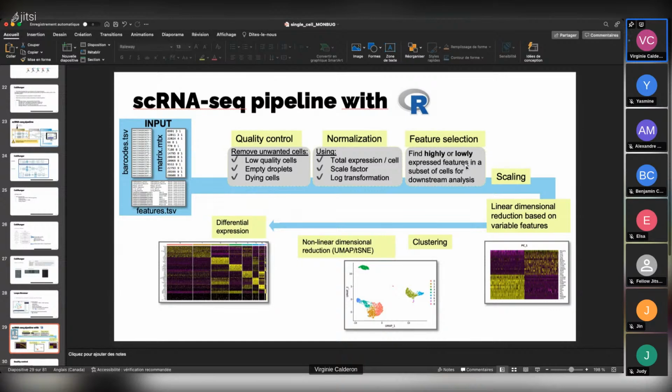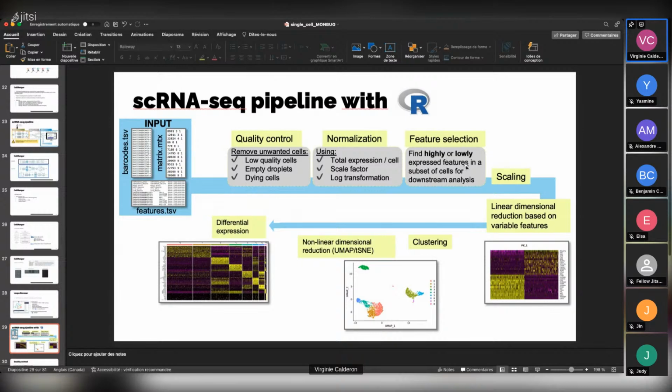We need to remove unwanted cells like low quality cells, empty droplets or doublets, and also the dying cells. I will go into detail about this quality control, but this is really important. We need to work on only good quality cells. So we are going to check this.